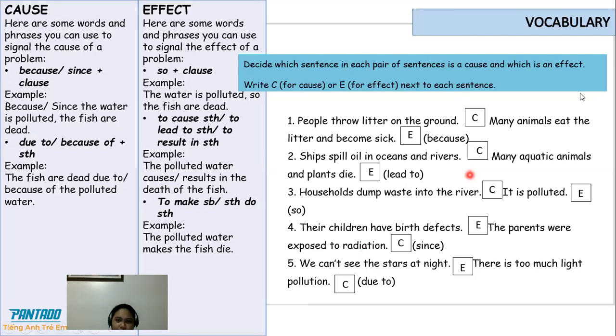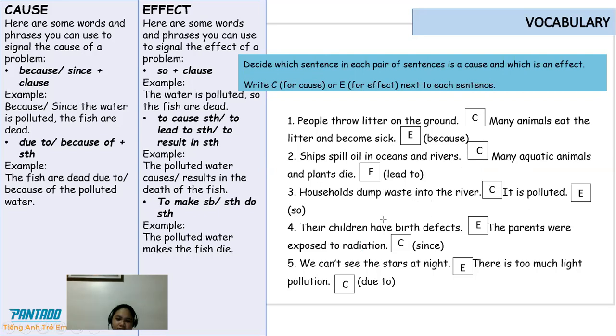One, people throw litter on the ground. Many animals eat the litter and become sick. Two, ships spill oil in oceans and rivers. Many aquatic animals and plants died. Three, households dump waste into the river.